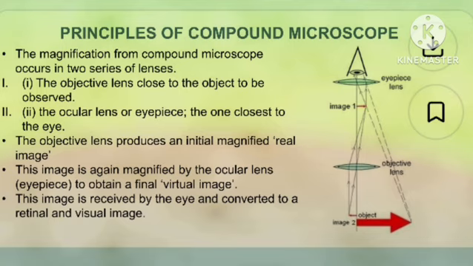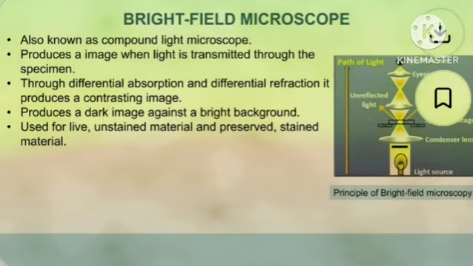Next one, the bright field microscope, also known as the compound light microscope. It produces images when light is transmitted through the specimen through differential absorption and differential refraction.